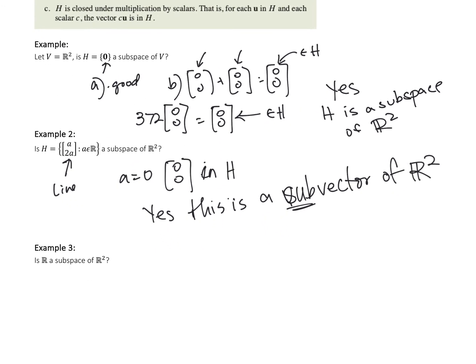The last example on this page is asking whether or not the real numbers are a subspace of R2. R2 is our Cartesian coordinate plane. If we think about what the elements of each of these look like, things in R are going to look like 2 or 7, and things in R2 are going to look like (2, 7).